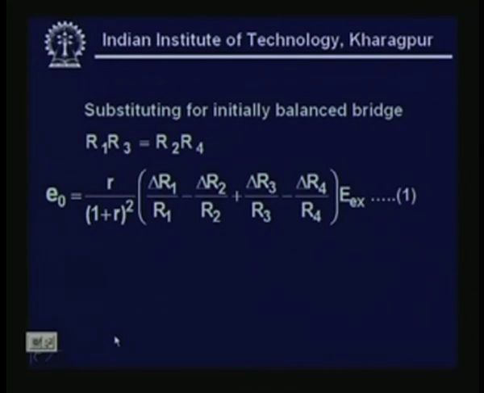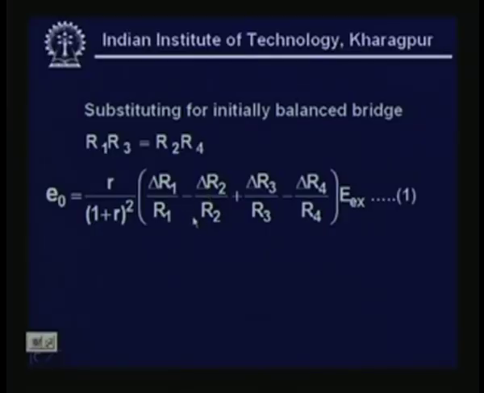Now, E naught, the output or unbalanced voltage, can be given by r divided by (1 plus r) whole square, multiplied by (delta R1 by R1 minus delta R2 by R2 plus delta R3 by R3 minus delta R4 by R4) into E_ex. This is equation number 1.